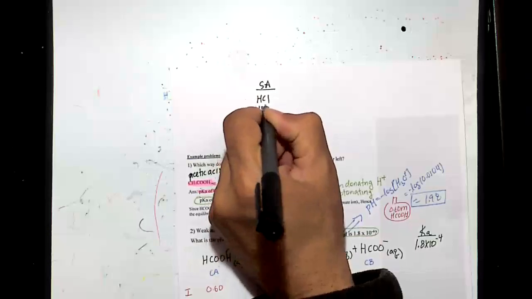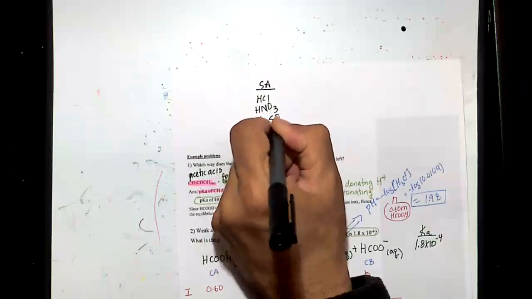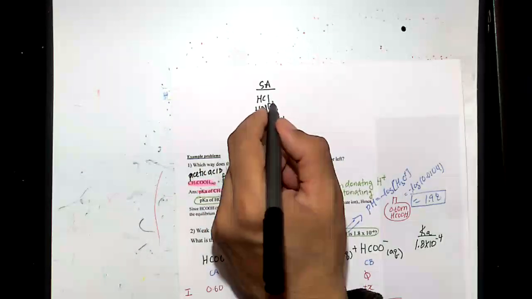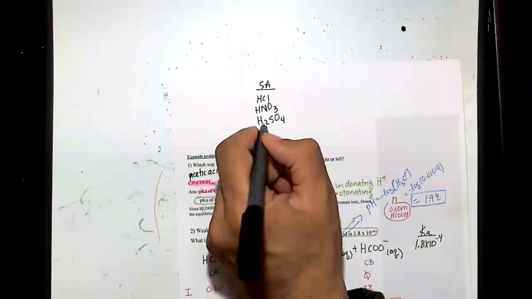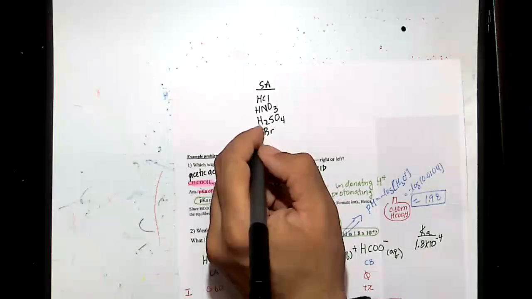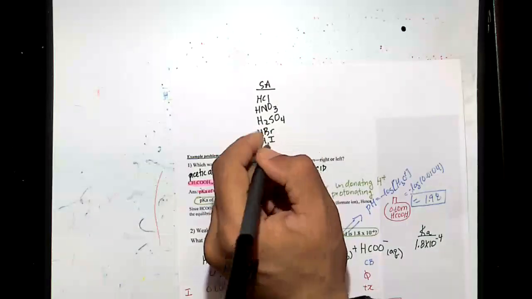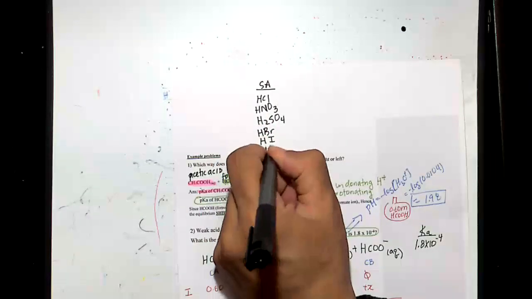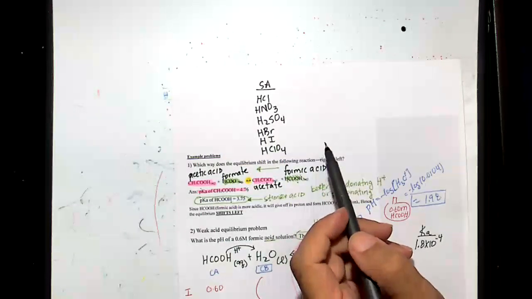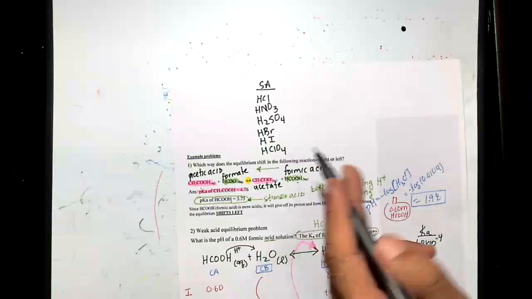HCl, HNO3, H2SO4. What else? Chlorine is a halogen, hydrochloric acid. Bromine is a halogen, hydrobromic acid. Iodine is a halogen, hydroiodic acid. And then there's perchloric acid. Okay, so like I said, just plug it in straight to pH is minus the log of H plus.